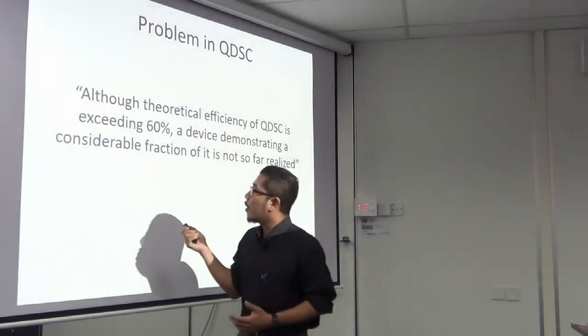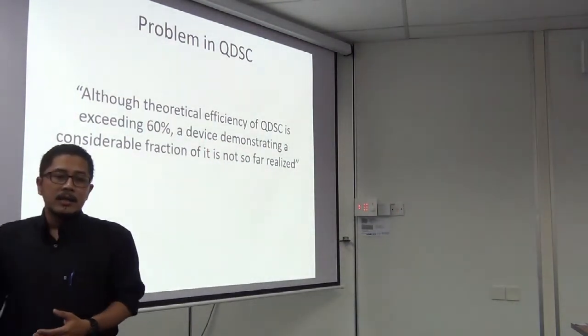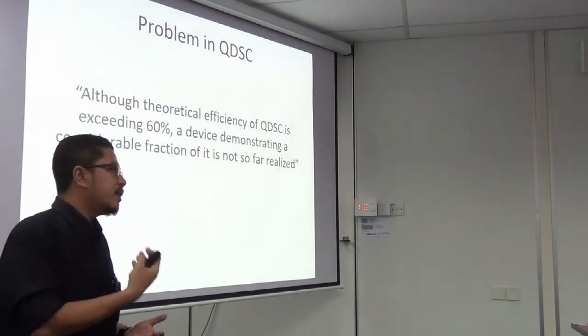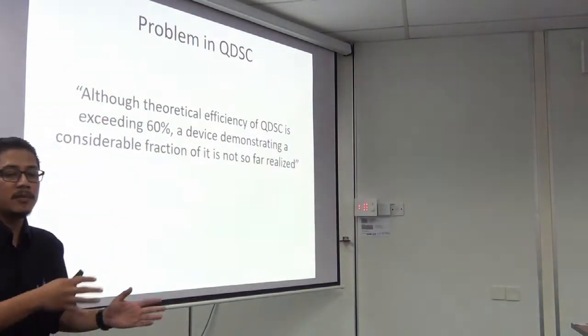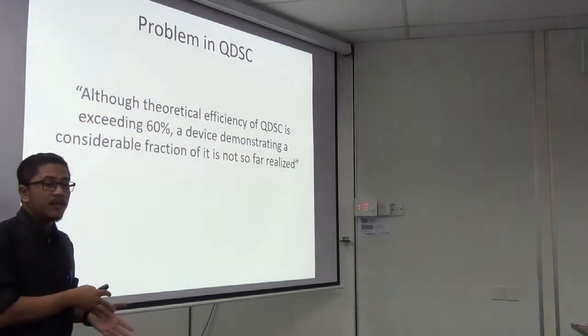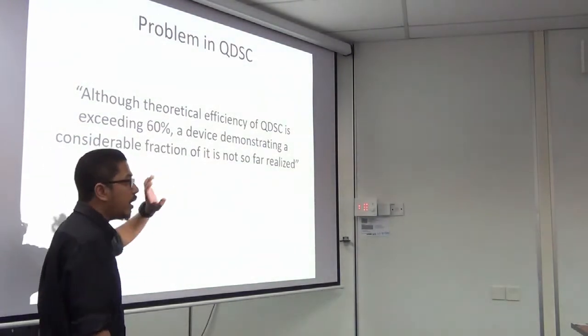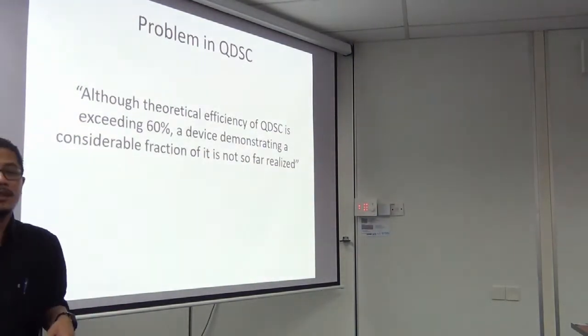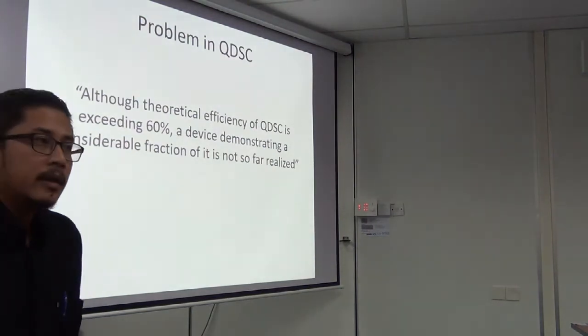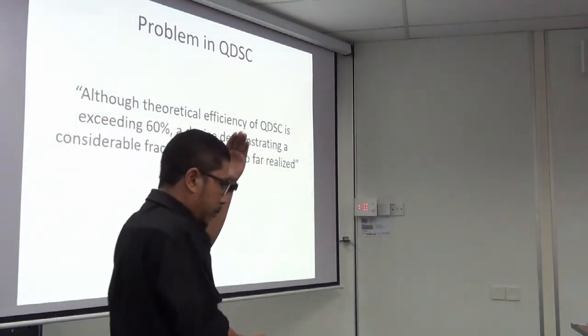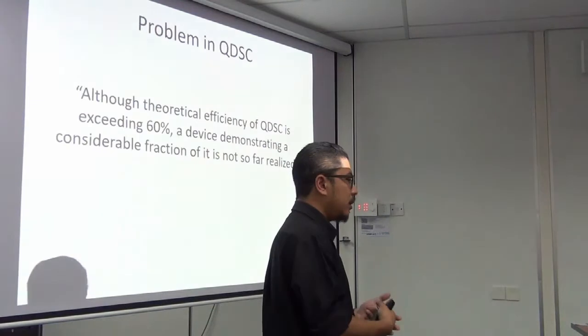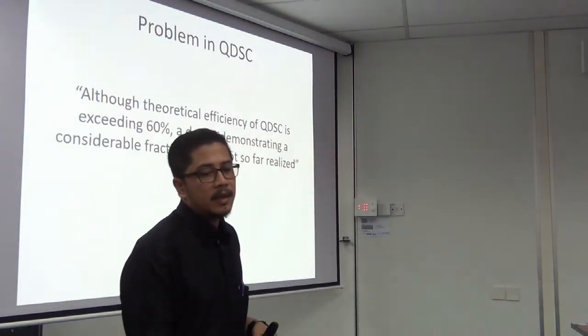So this is the problem. Even though it promises exceeding 60%, a device demonstrating a considerable fraction of it has not so far been realized, only 8.6%. Theory promises very high efficiency, practical below 10%.